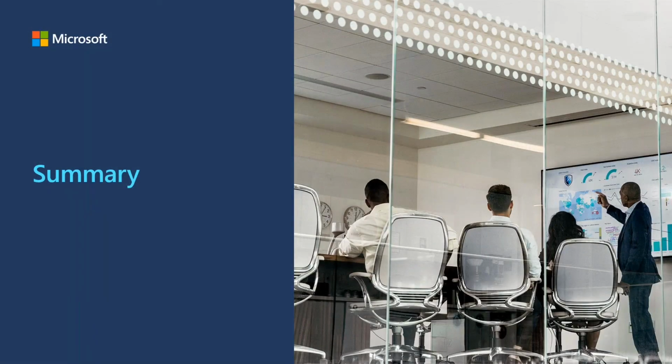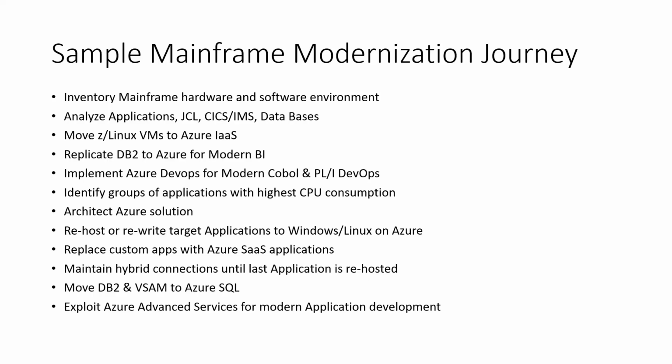So just to summarize, we consider it a journey that you go through to move off a mainframe, especially if you've got several thousands or tens of thousands of MIPS. Typically, you don't just pull the plug on that over a weekend.